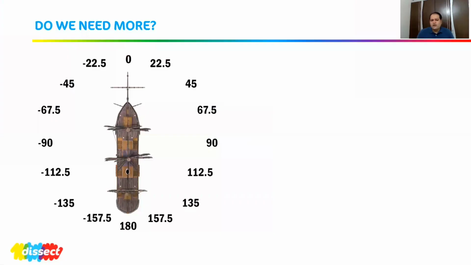So what you could do, let's say if you don't know about reflex angles and full circle, is mark the angles on the left side from 0 to 180 and on the right side from 0 to 180 with respect to your ship.